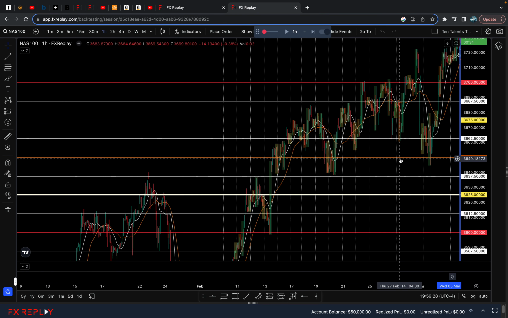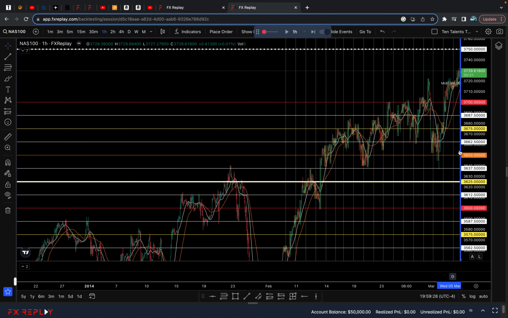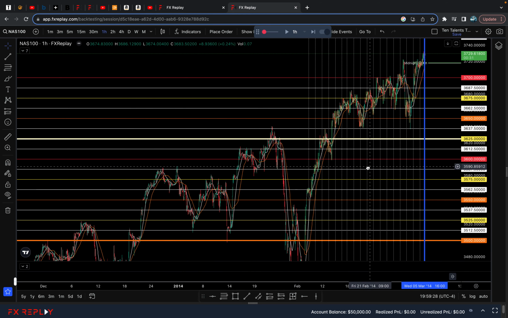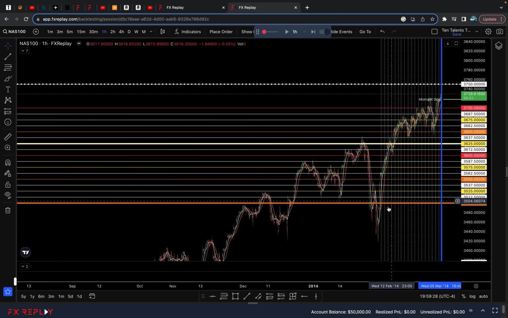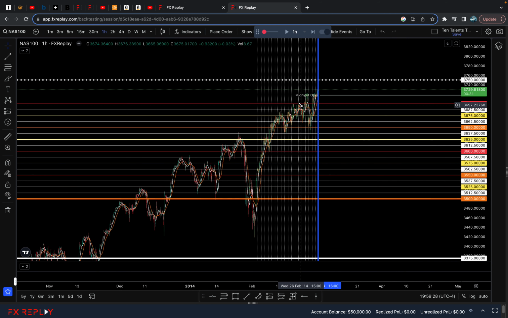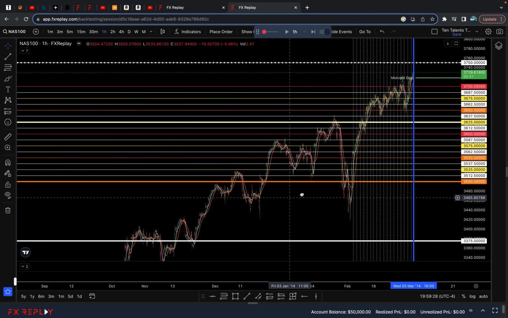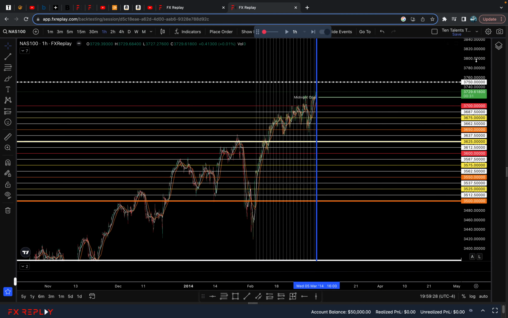These are static, constant levels that you don't have to think about. They don't change. They're always the same. Price could go up to the moon and back down, and you don't have to wonder at which level price is going to react off of. You already know.